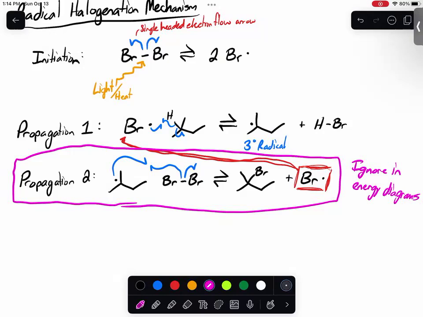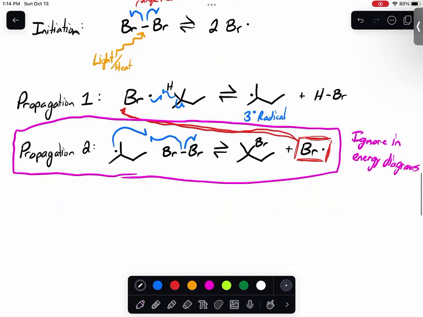Now, that being said, there is a way that the reaction ends, because there has to be, and that is through the step called termination. And this one you will want to include in your energy diagram, because essentially what happens here is the most common way that the reaction is terminated is that you have two radicals.